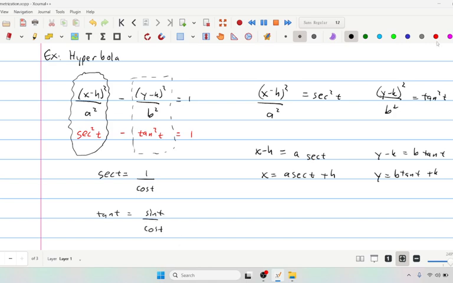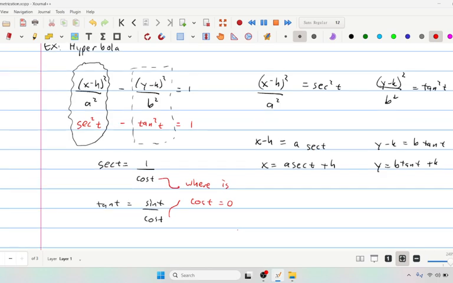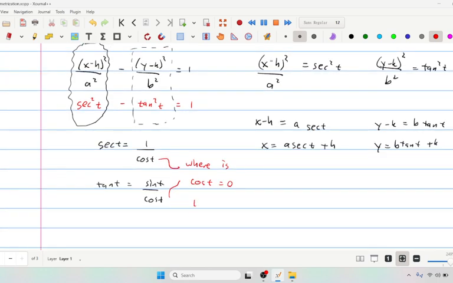So we won't have any problems unless our denominator is 0. So we want to ask the question, where is cosine t 0? And this happens when t is negative pi over 2, pi over 2, 3 pi over 2, 5 pi over 2, and so on, as well as all the negatives.